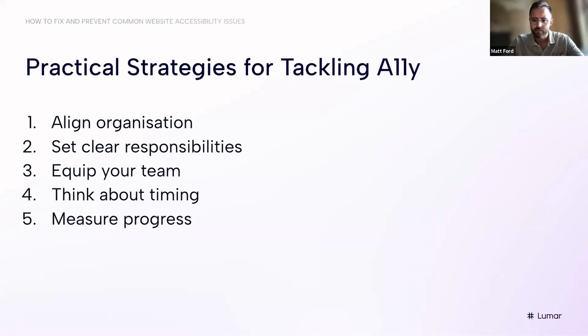Define what that is. Maybe it's WCAG 2.1 AA. That's where you're aiming for, and just have that as your clear standard that the organization is aligned and can get behind, and know where you're trying to get to.